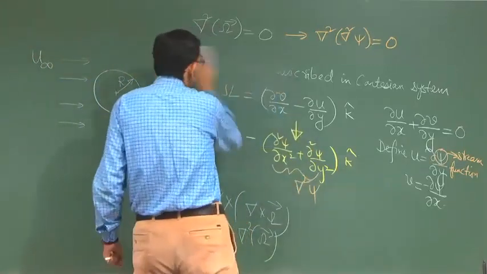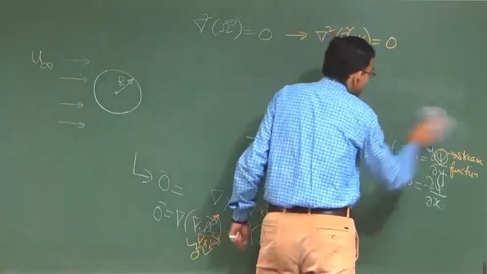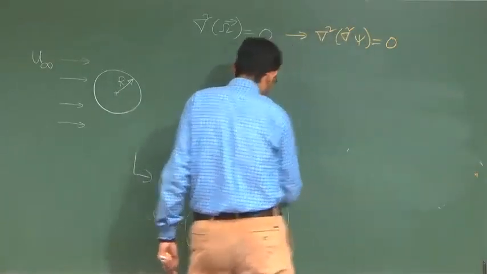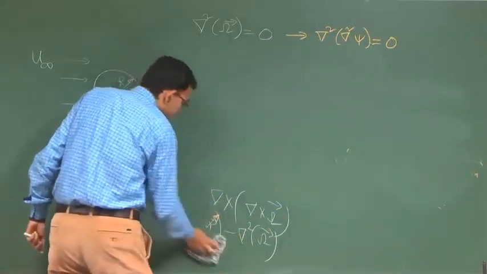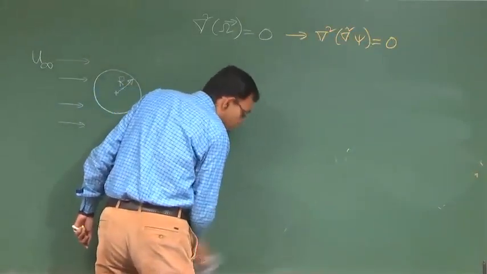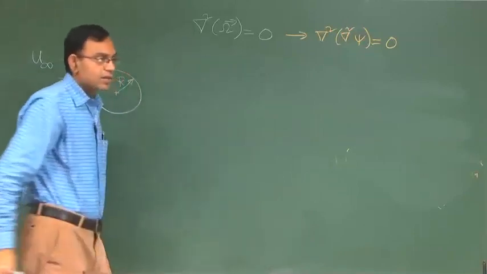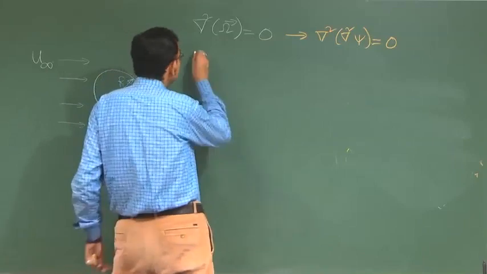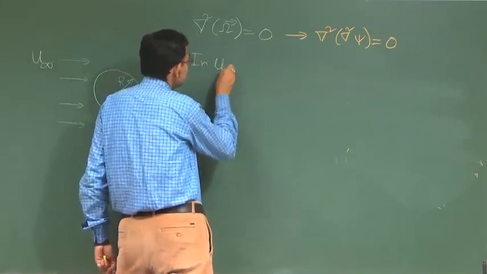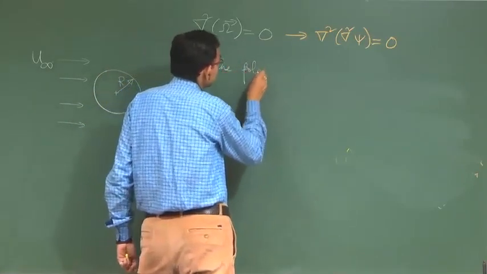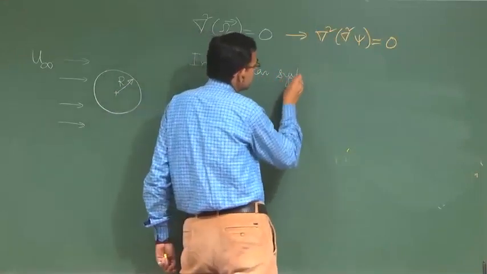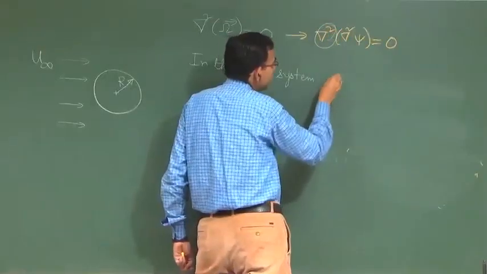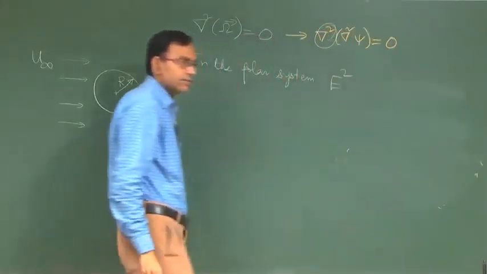In the polar system, the problem is you cannot use exactly this form because the geometry changes, you are no more using the x, y, z type of coordinate system. So in the polar system you replace this Laplacian with a new operator called E square.